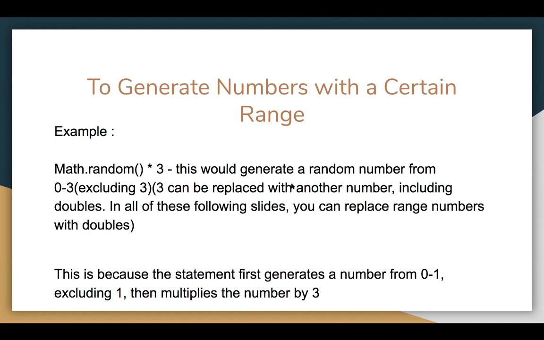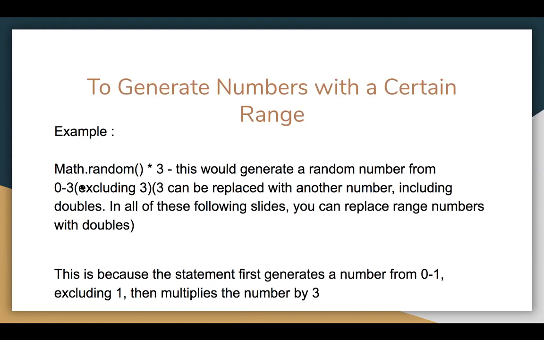And this would generate a random number from 0 to 3, excluding 3. 3 can be replaced with any other number, including doubles. And in all these following slides, you can replace range numbers with doubles. So just keep in mind, there's a lot of ways you can change the range of your outputs, and I'll be going over that later, but just know that you can replace these with doubles.